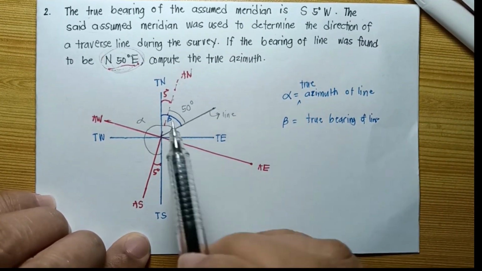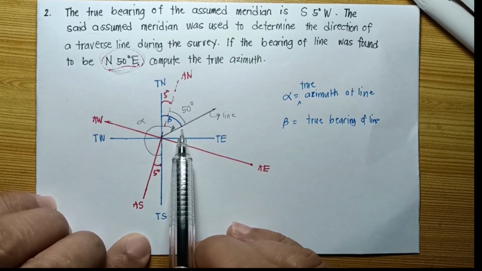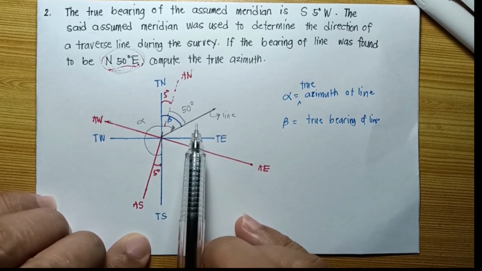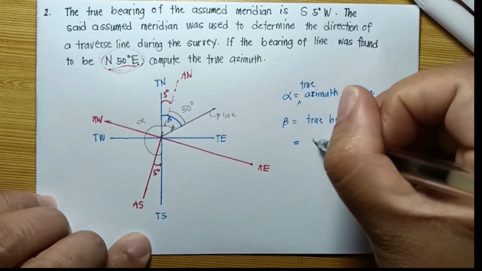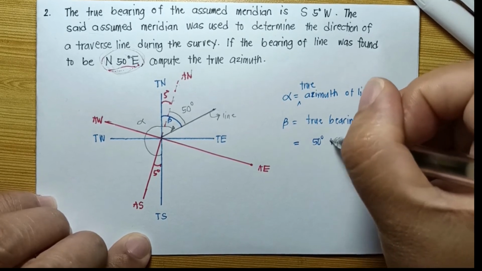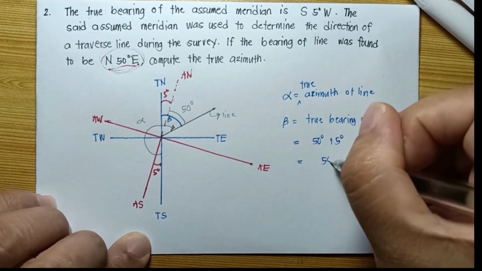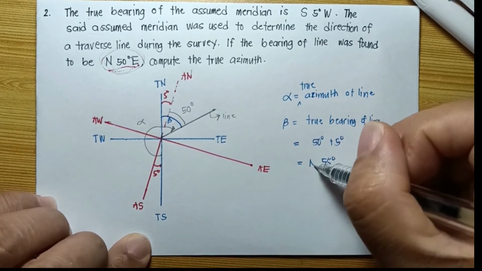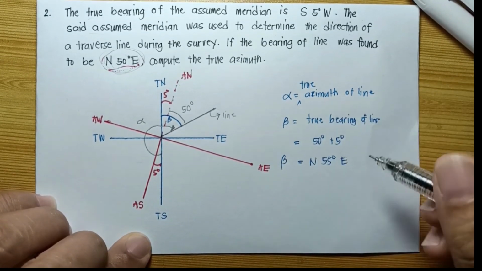In this illustration, beta is the sum of 50 and 5, so beta equals 50 degrees plus 5 degrees, which gives 55 degrees, in the northeast quadrant.